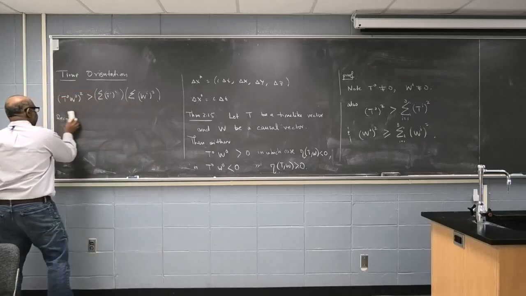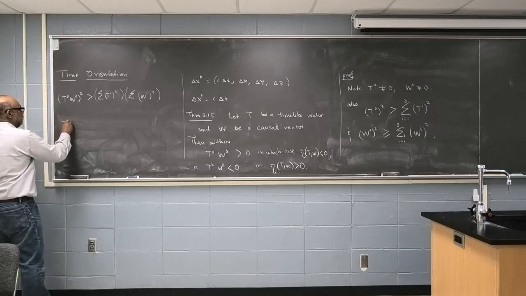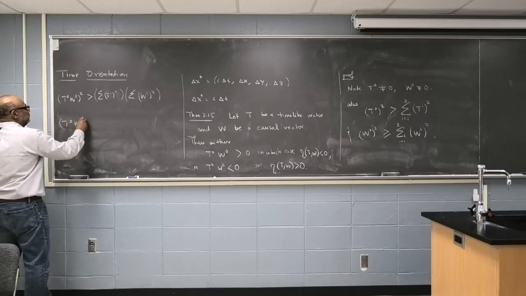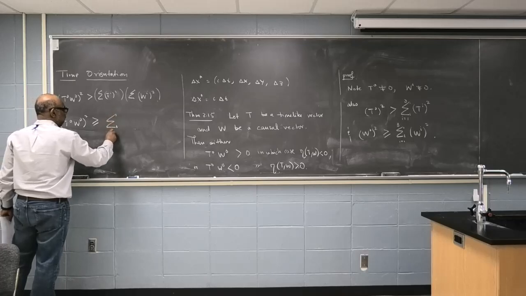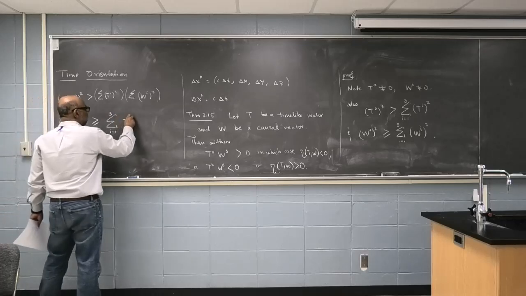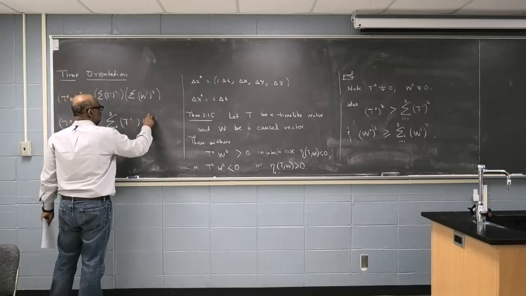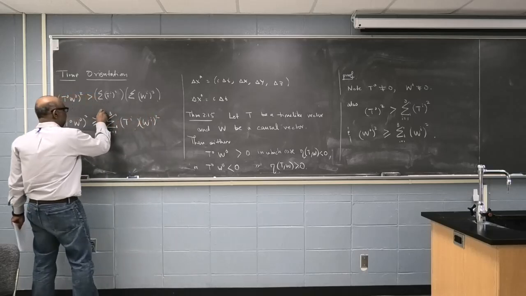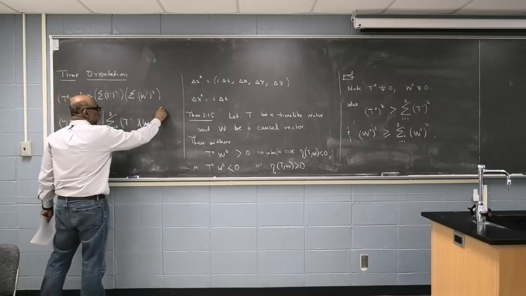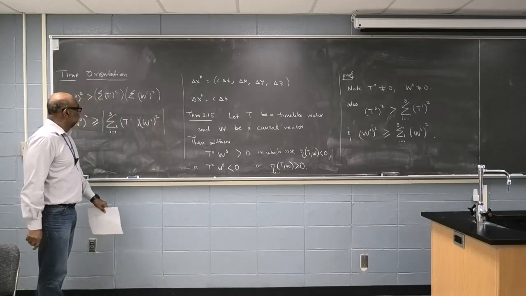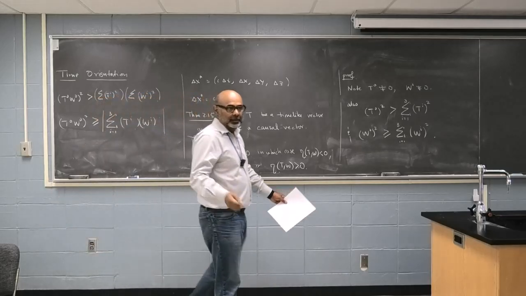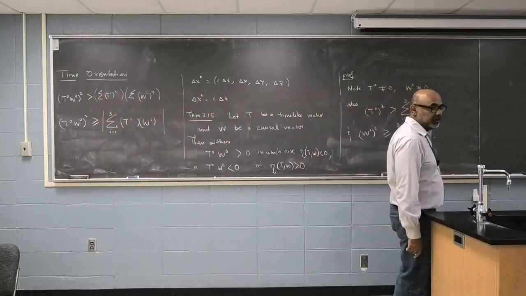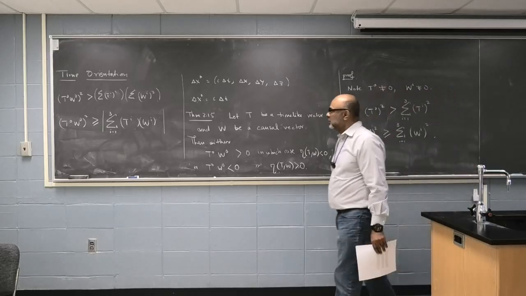Therefore, I have, I can put an absolute value, not square. A dot B continues to be smaller.